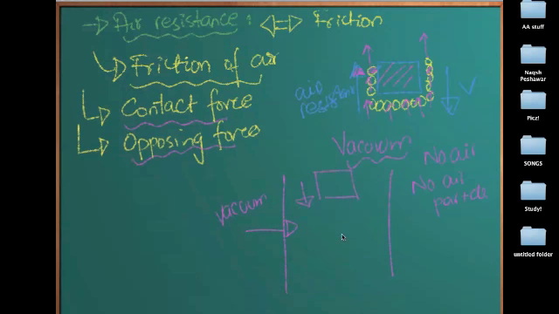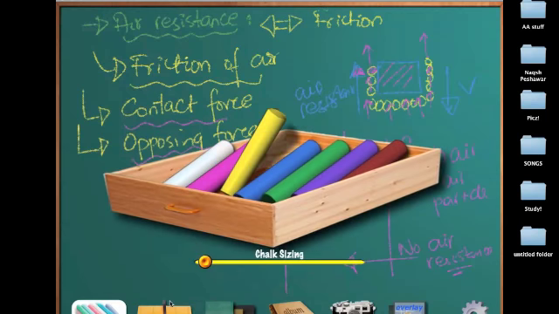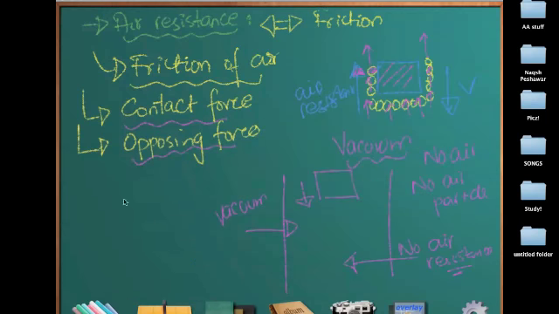You would see that there would be no air resistance, since there are no little guys here to force it upwards. There's no molecule here to force it upwards. So in a vacuum there is zero air resistance. So basically these are the properties.